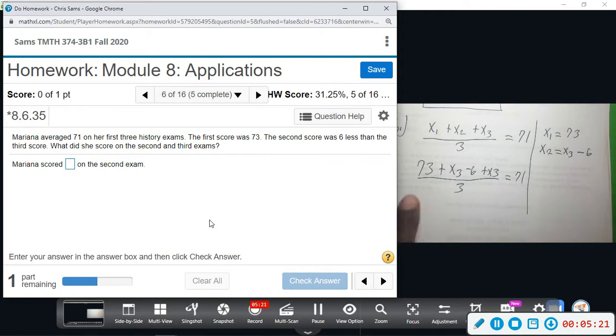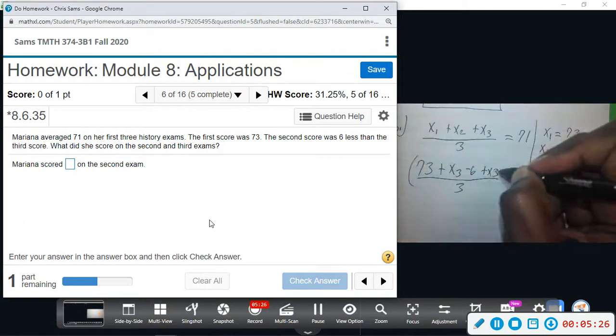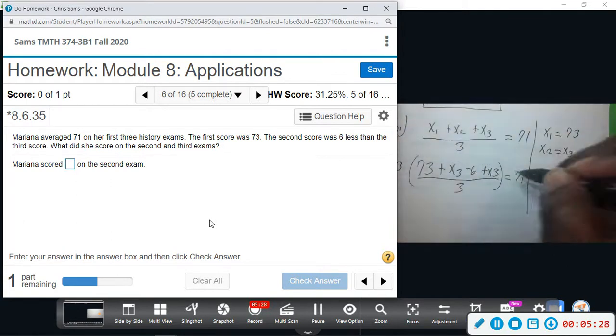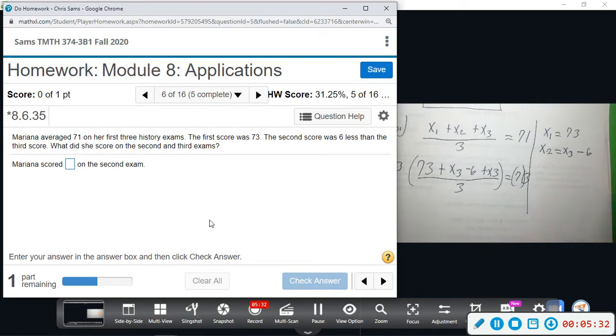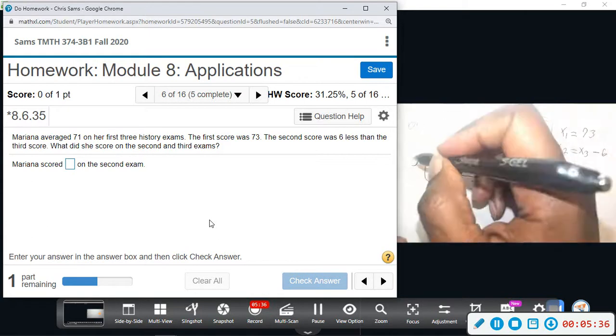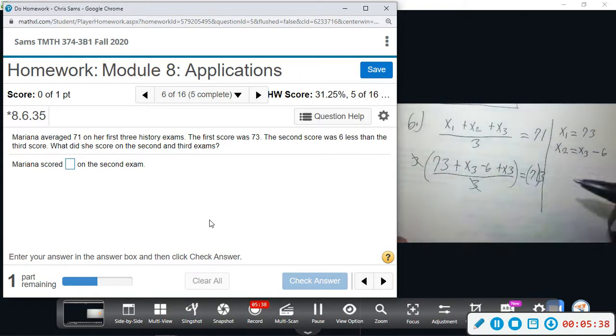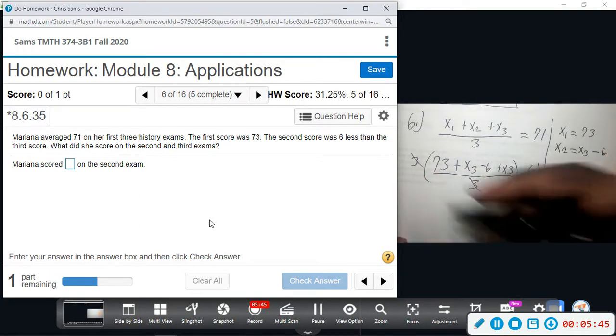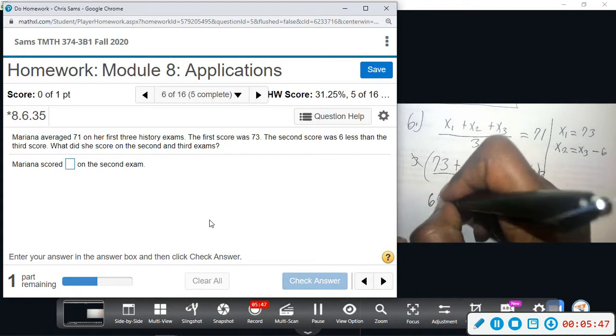We're going to get rid of this fraction, so we multiply both sides by 3. The reason we're multiplying by 3 is to get rid of the division by 3. Then I'm going to combine 73 minus 6, which gives us 67.